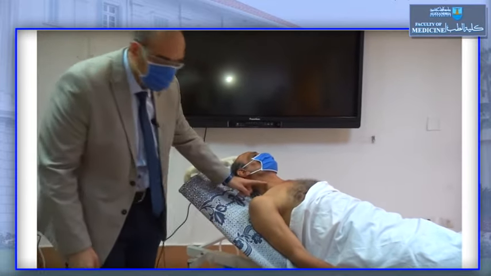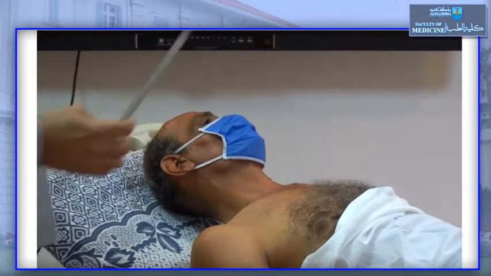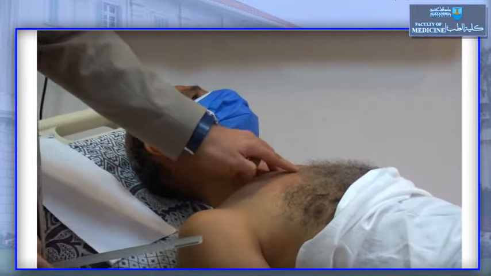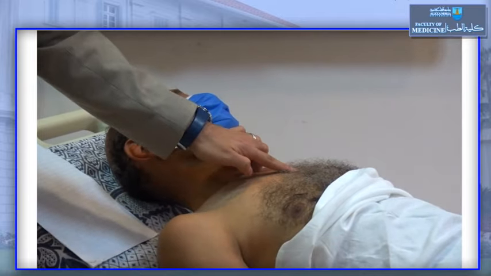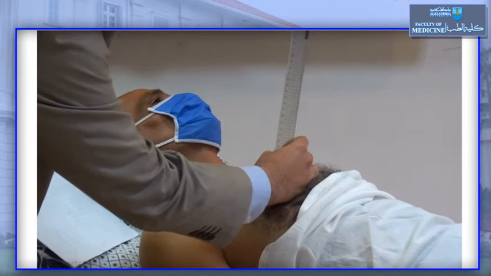It is detected here. And then we put a ruler at the sternal angle. What is the sternal angle? It is the junction between the manubrium and the body of the sternum. It is here. This is the ruler.